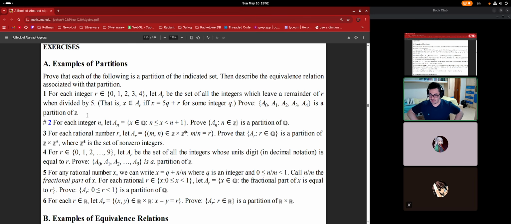Any other A exercise that you guys want to highlight? Actually, I do have a question about A4. When they say all the integers whose units digit, what are we talking about? In decimal notation, is it the left hand side of the comma? The units digit is the least significant digit, so essentially it's modulo 10.